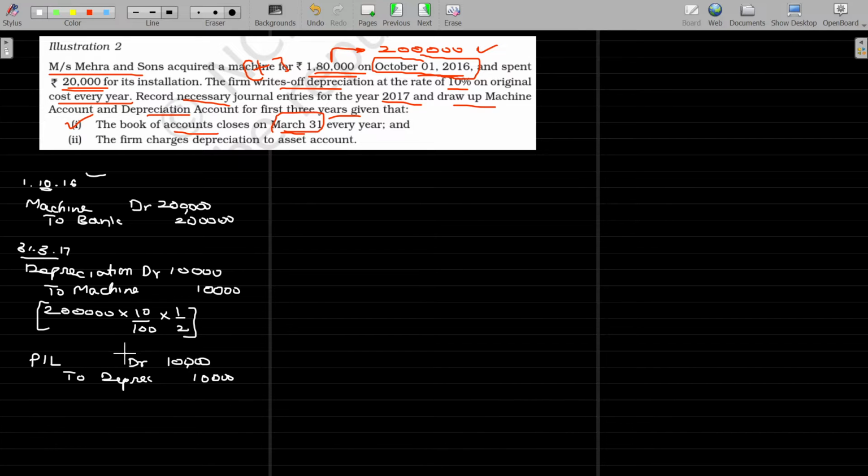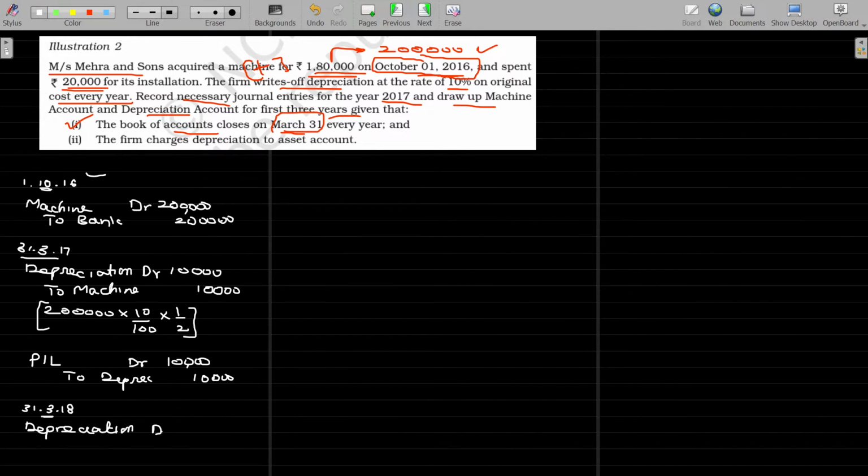And next year, 31/3/18. Now it is eligible for a full year's depreciation. This asset is used for the full year, so we have to calculate the depreciation for the full year.